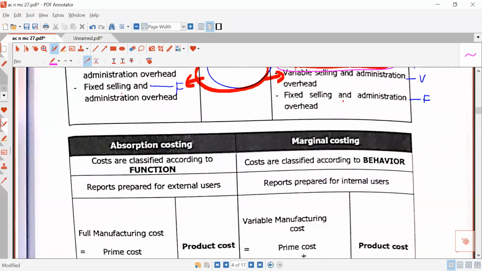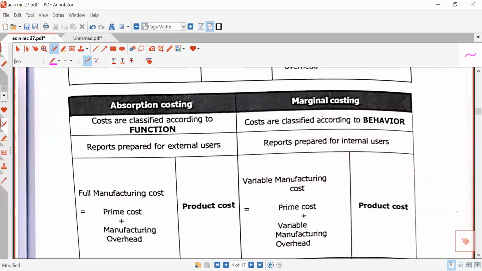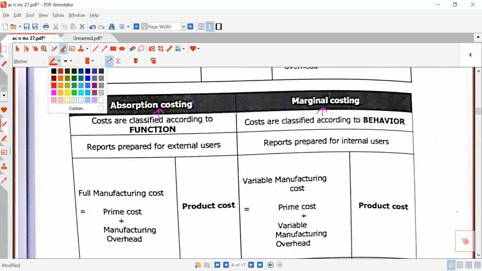So that's the two different treatments of marginal costing and absorption costing. So here you can see that this marginal costing is for the internal user and this is for the external user.